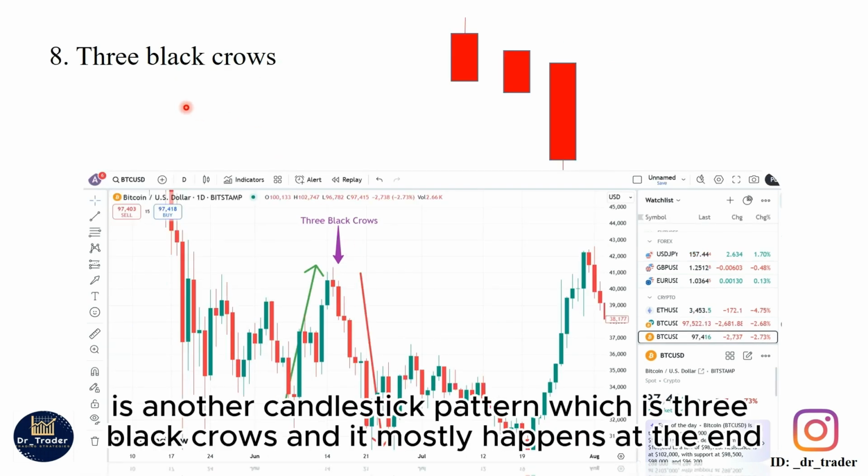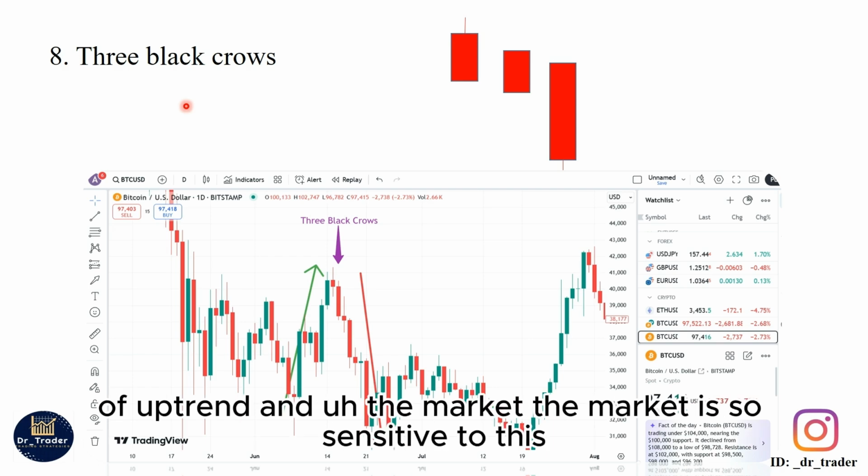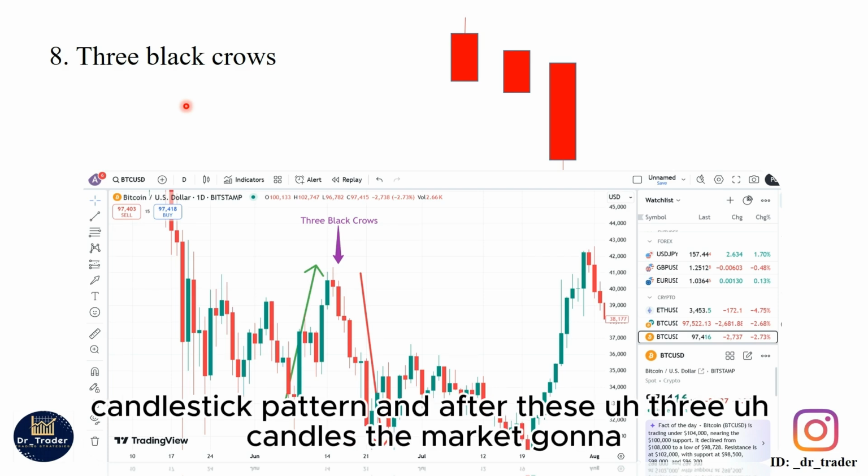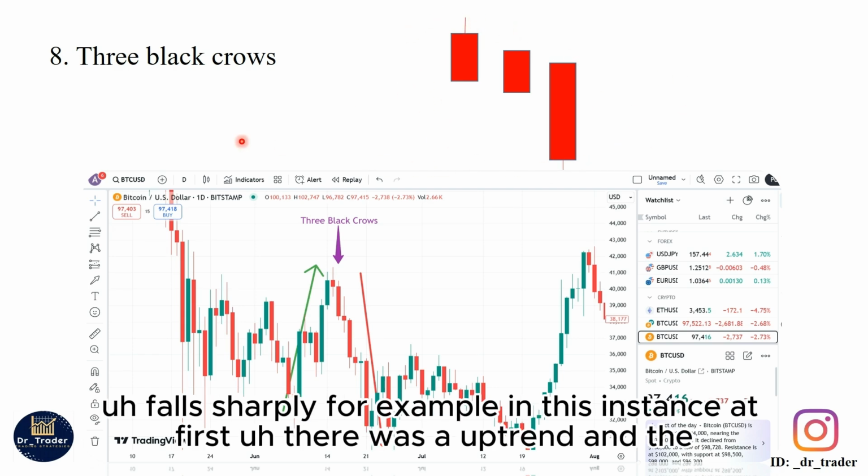And there is another candlestick pattern which is three black crows, and it mostly happens at the end of an uptrend. The market is so sensitive to this candlestick pattern, and after these three candles, the market is going to fall sharply.